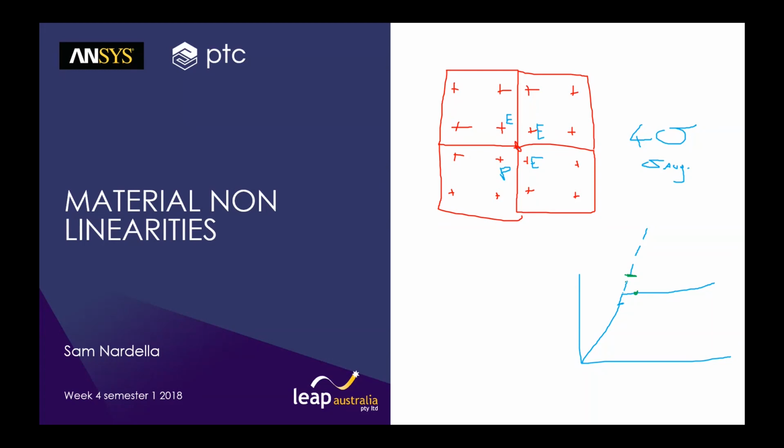So our average stress is going to be sitting somewhere here. Okay, so if we look at our stress strain curve, for that stress, it says we should have a plastic strain of, I don't know, let's say 20%. But when we look at the plastic strain plot, it's only displaying something like 2%.